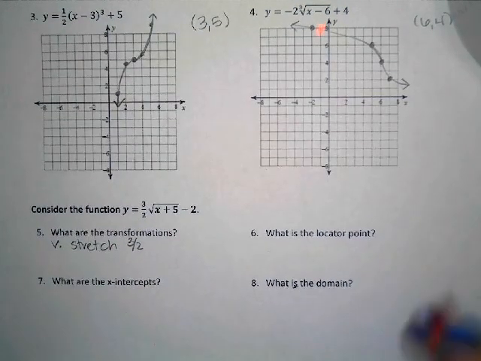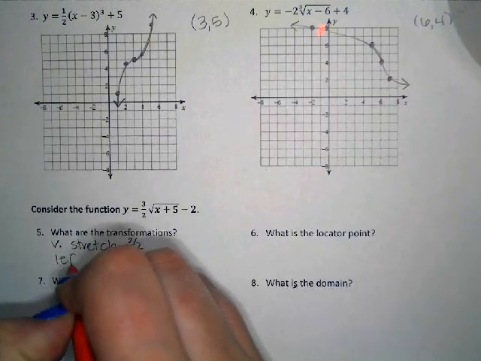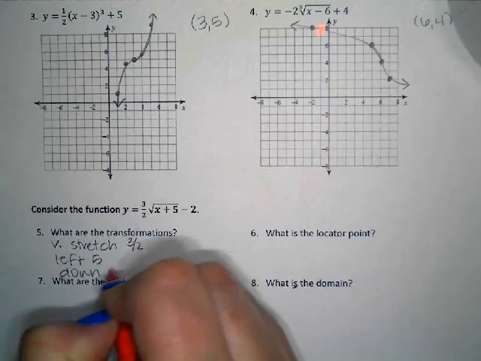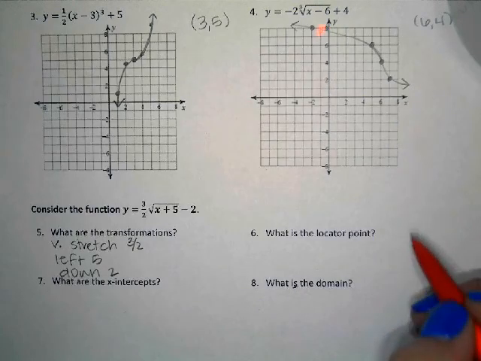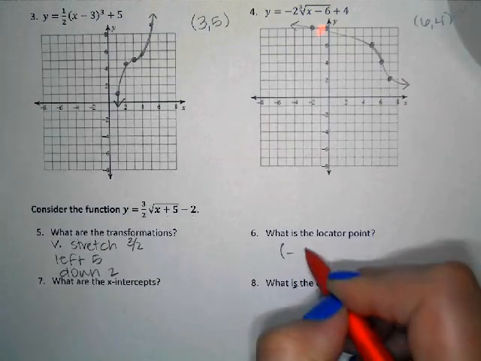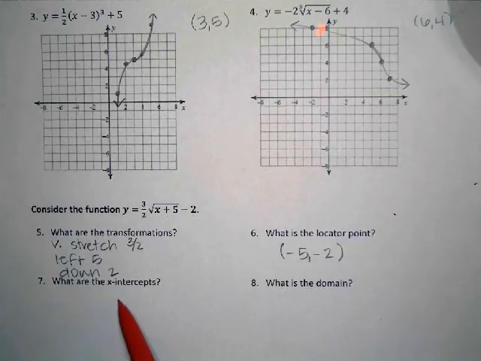What else? Left 5, down 2. Okay, what's the locator point? -5, -2. Okay. What are the x-intercepts? So we're going to have to graph it. Okay, let me go back and delete this.